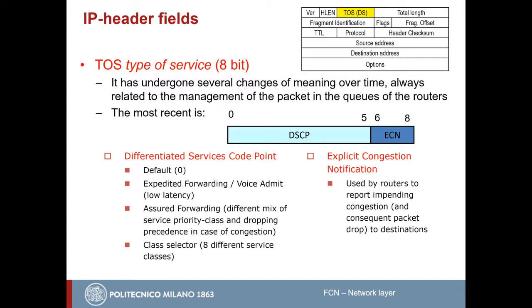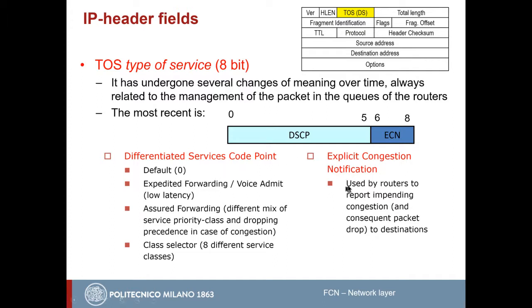Most of the routers don't adopt these prioritized policies to manage their buffers. Okay? Most of the routers just ignore what is written in this TOS field. So this is why it was also used for different reasons, because it entirely depends on the router implementation if this field is meaningful or not.